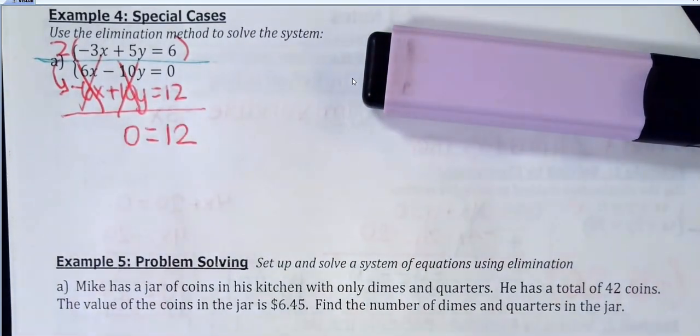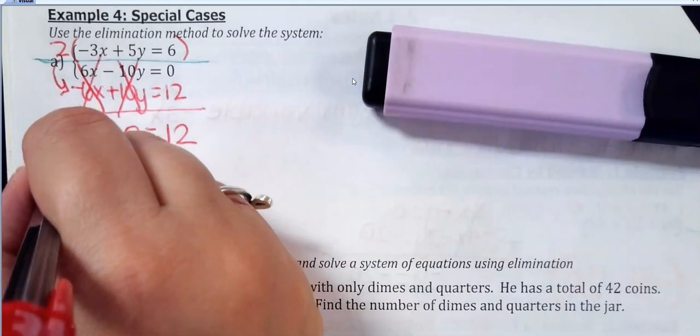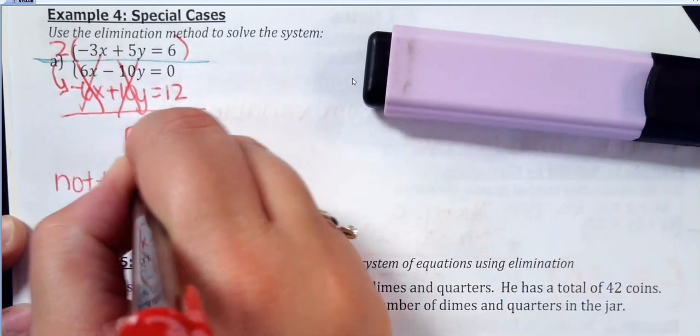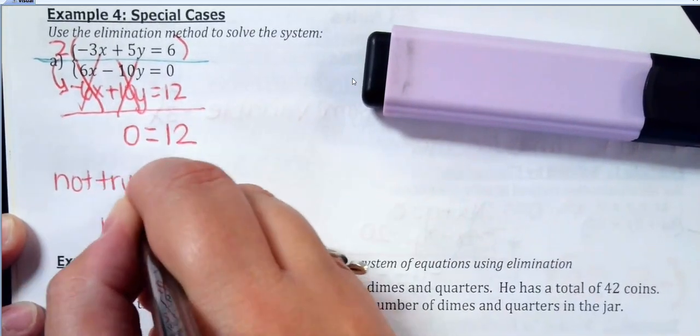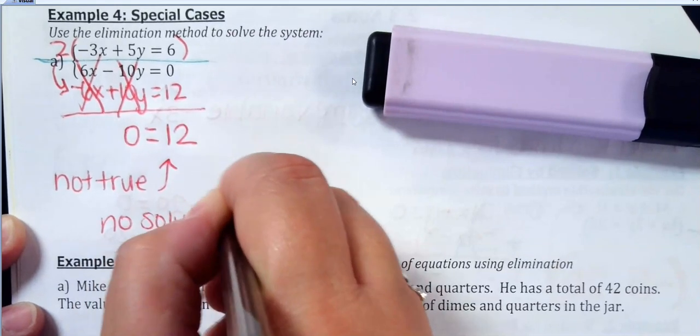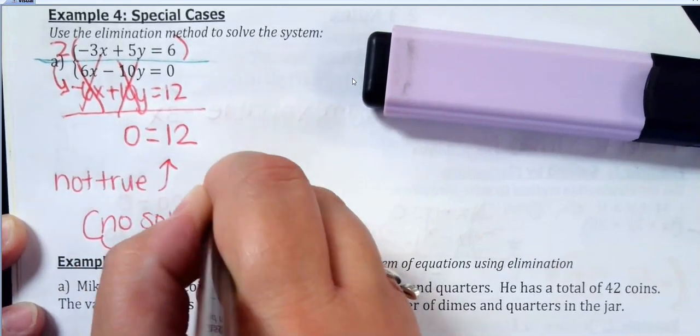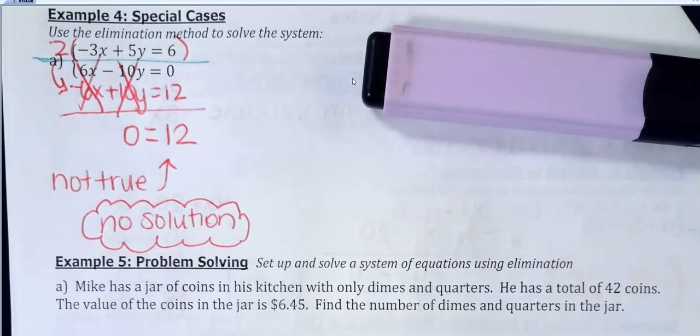So if both of your variables get eliminated, you're going to have a special case. What do you think my solution is here? No solution, right? Okay, you don't have to write "not true." I'm just writing this. If this is not true, that's going to tell you there's no solution. 0 is not equal to 12. So that means the two lines must have been parallel.